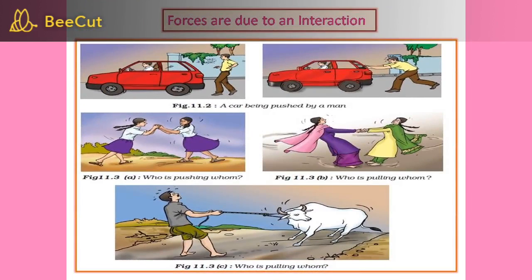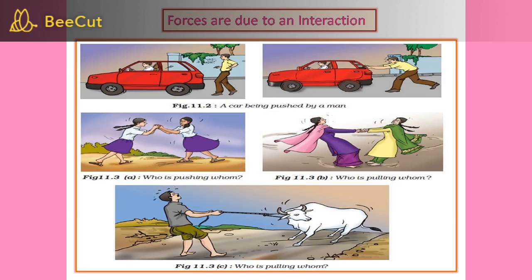Let's move forward. So we can say that forces are due to an interaction. For example, suppose a man is standing behind a stationary car. Will the car move? No. When the man begins to push the car, then the car may begin to move.